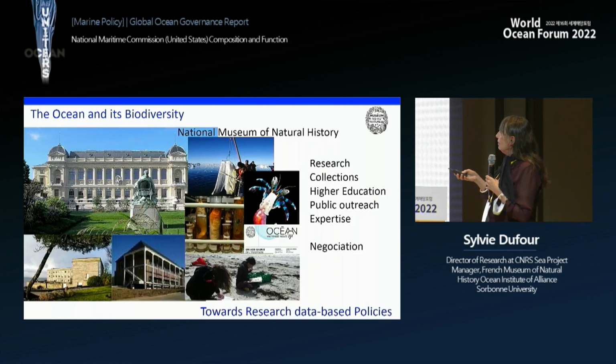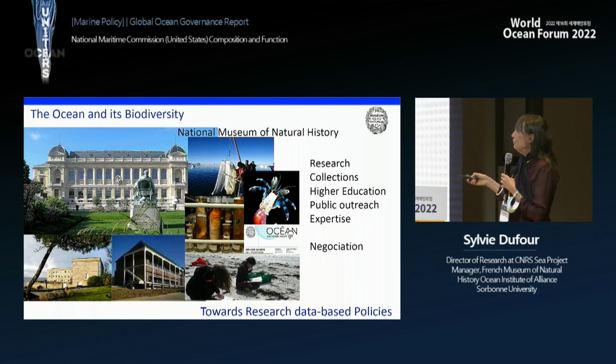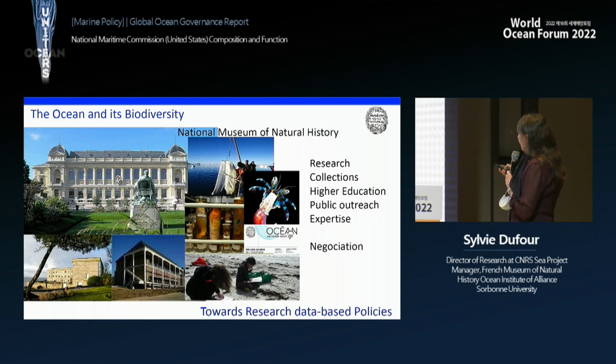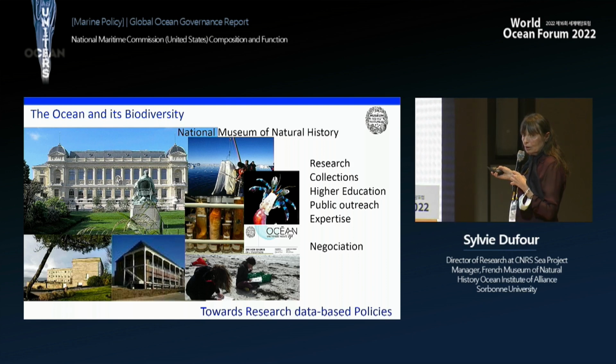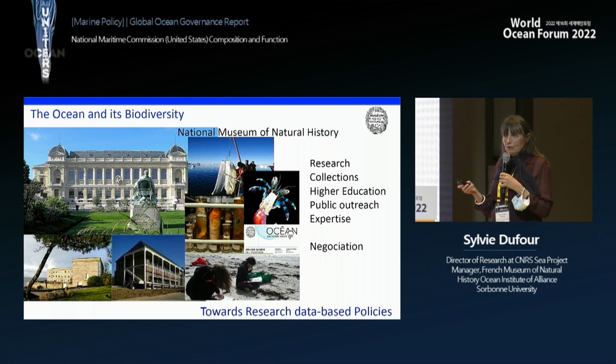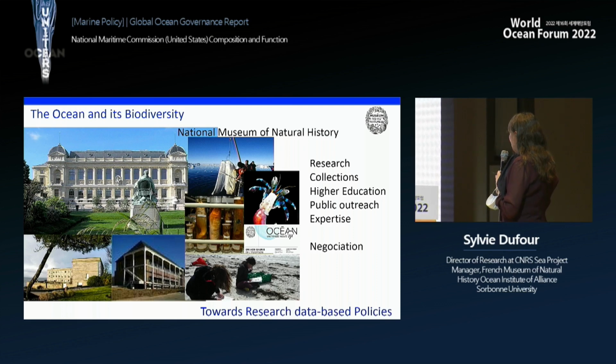And us at the National Museum of Natural History, here in the Gallery of Evolution, we are a quite unique national institution because our missions are research, conservation of collections, higher education, public outreach, expertise, and direct participation in negotiation. Public outreach is a very important element for making policies, because policies have to be understood and approved by the public.